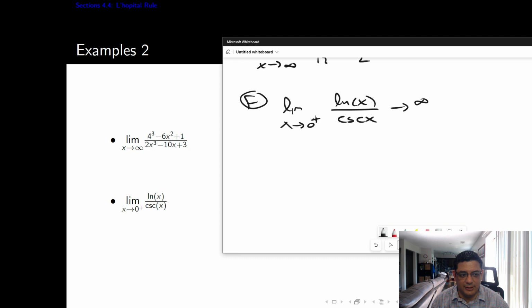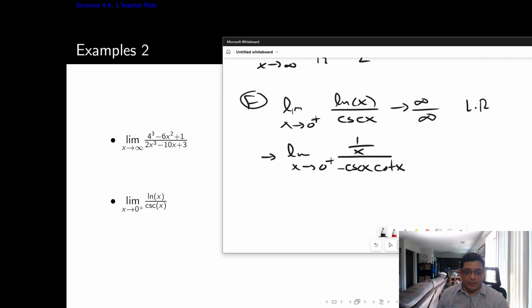So this is indeed a form infinity over infinity. Now, if I take derivatives by L'Hopital's rule, this is going to be 1 over x, which is the derivative of log, over minus cosecant of x cotangent of x.